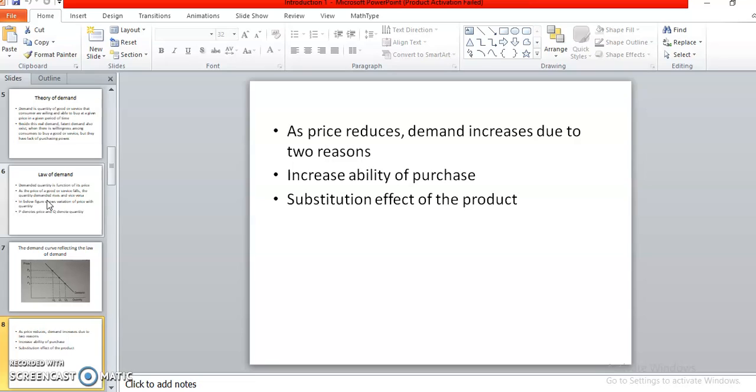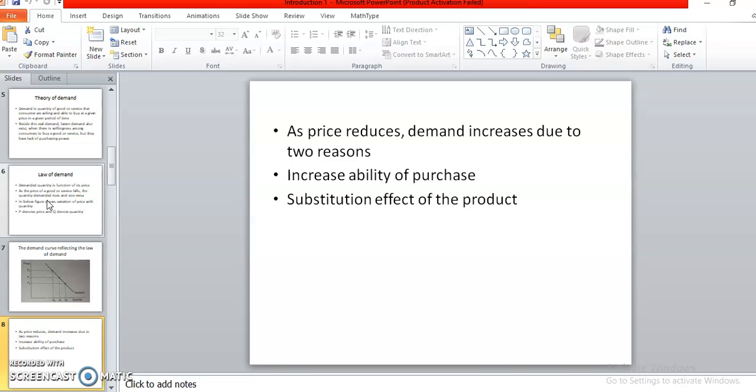In other words, as price reduces, demand increases due to two reasons. This demand is influenced by two factors: the increasing ability to purchase, and the substitution effect. As the purchasing ability increases, it means we have more purchasing power. In that case, the demand may shift toward the right side of the curve, or toward the left side.